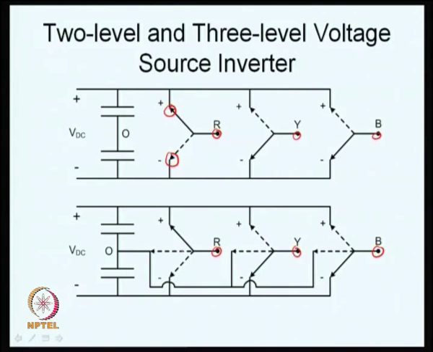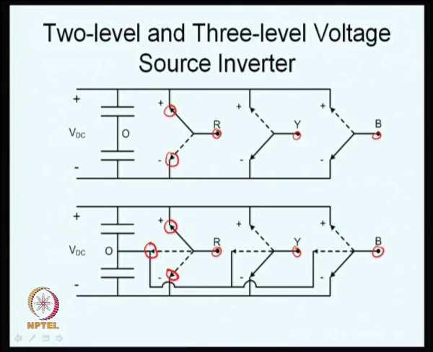Whereas, if you look at the 3-level voltage source inverter, you have 3 poles, one connected to the positive terminal, another to the DC bus midpoint, and the third to the negative DC bus. So, in addition to the one connected to the positive and the one connected to the negative, you have a third, middle one, which is connected to the DC bus midpoint, and that is why we call this a 3-level voltage source inverter.